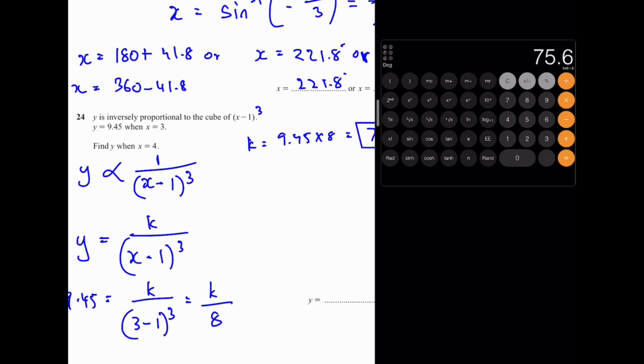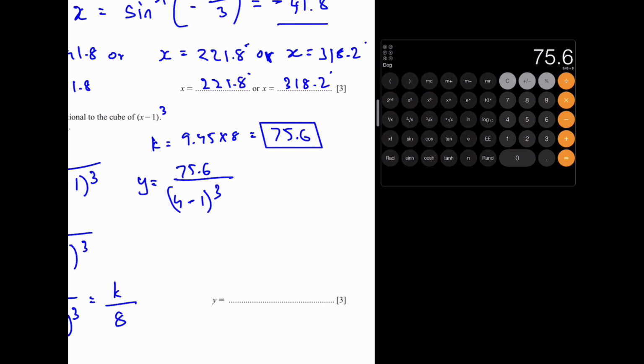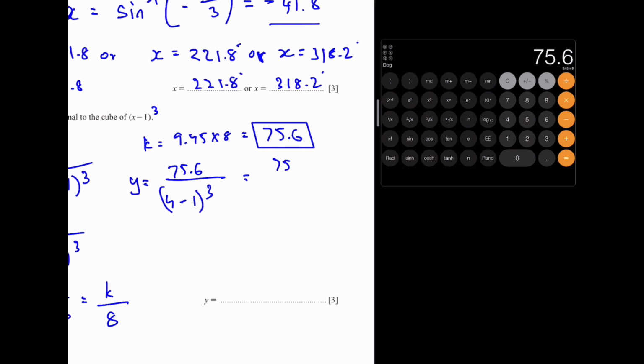Now we can also substitute x equals 4. So y is equal to 75.6 by (4 minus 1) the whole cubed. That's equal to 75.6 by 27, because 4 minus 1 is 3, and 3 cubed equals 27. So y is equal to 75.6 divided by 27, which is equal to 2.8. That's the answer.